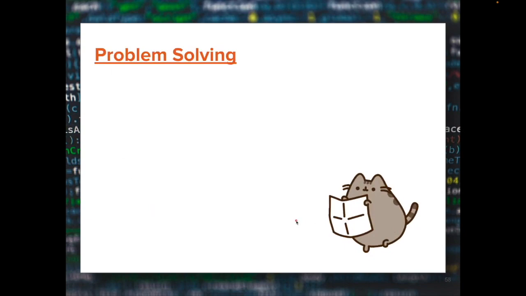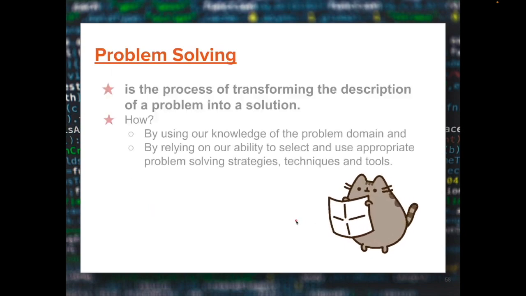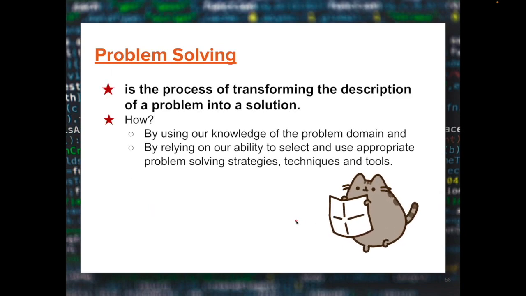So, problem solving, dalam kata formal definition dia adalah process of transforming the description of a problem into a solution. So, basically, bila you nampak satu masalah, you transform masalah tu kepada solution. Itulah dipanggil problem solving.